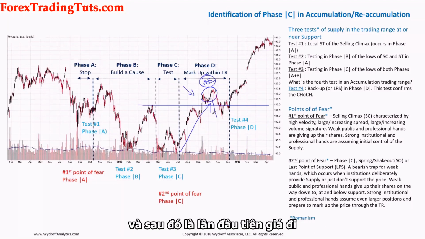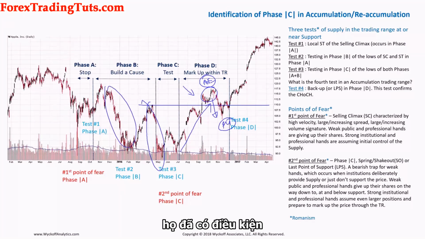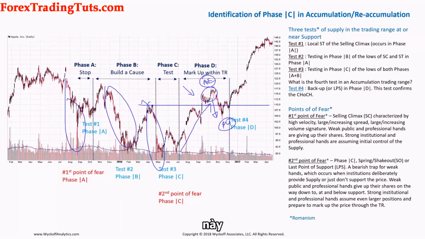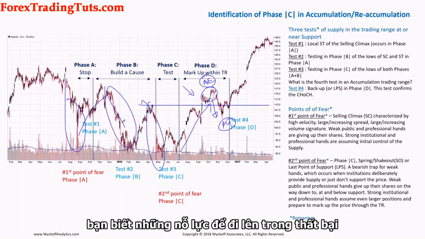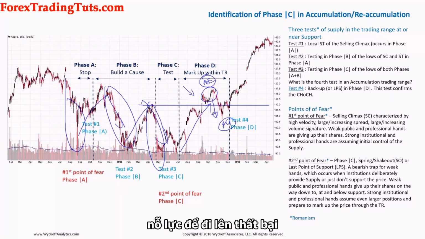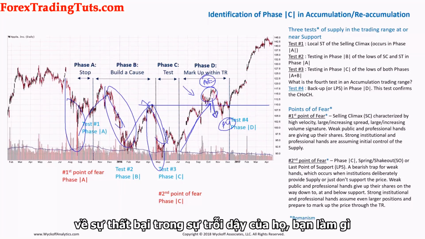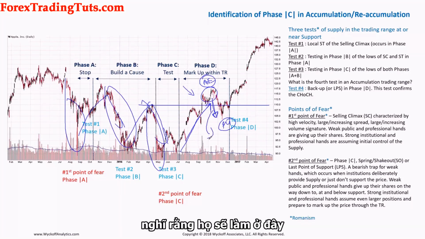And then the first time the price goes down into the backing up action, they are so already conditioned on all of these reactions, attempts to go up and failure, attempts to go up and failure, attempt to go up, and then the beginning of the failure in the rise. What do you think they're going to do here?